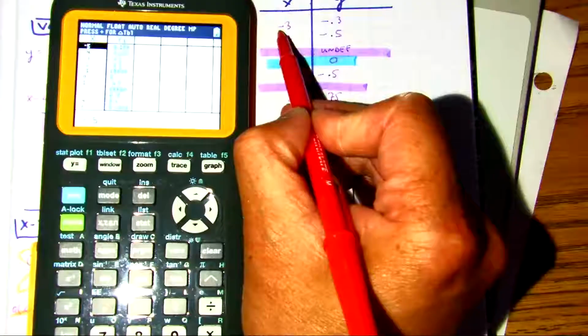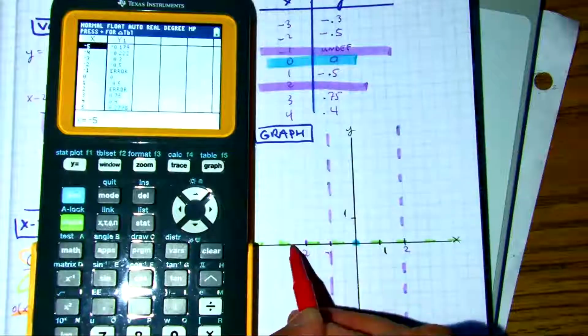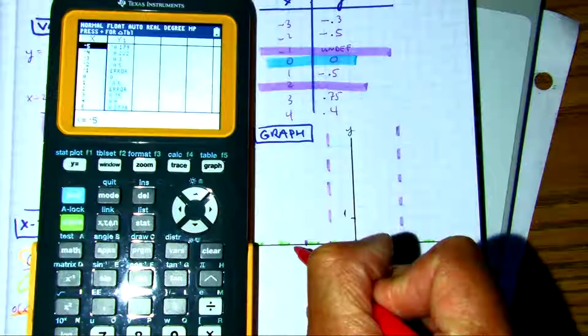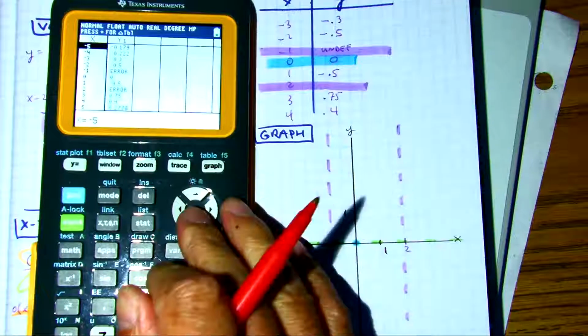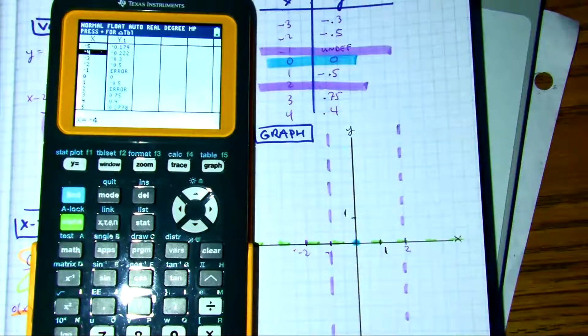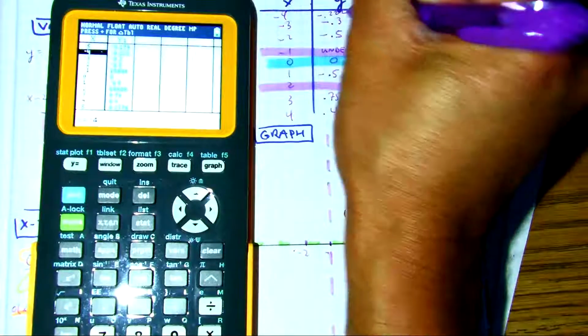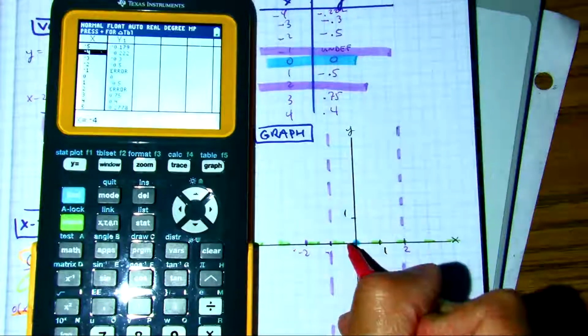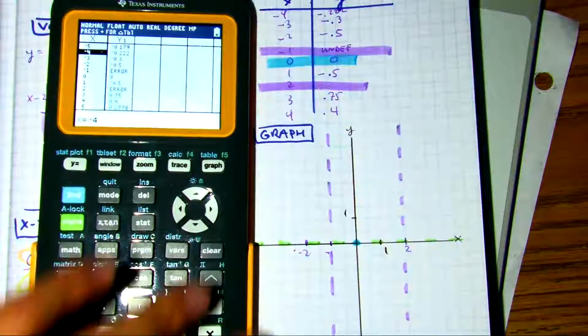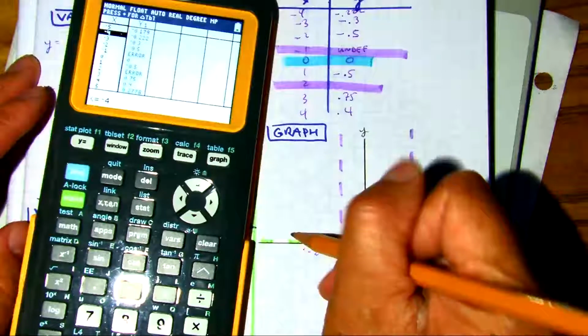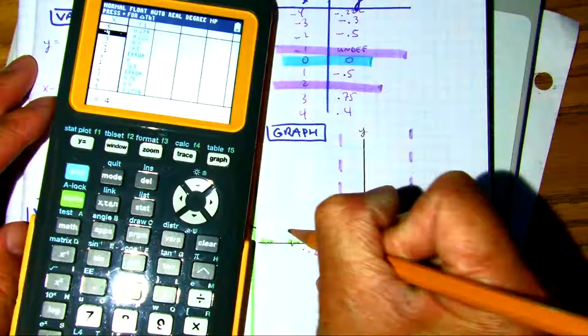-3, -0.3. So that's below. Maybe -4 would help. -4, -0.222. Uh-oh, I made a mistake. Remember, mine are counting by 2s. So that's -3, -4.